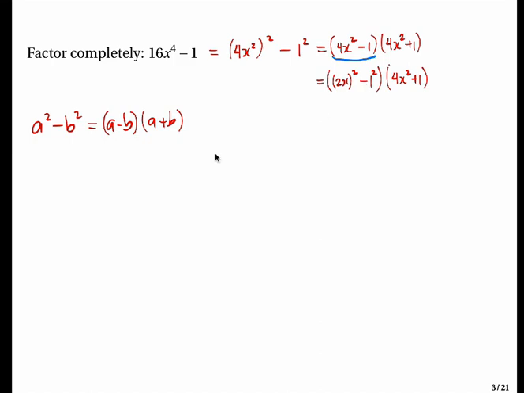Using this identity again, this can now be factored into 2x minus 1 times 2x plus 1. And then we copy the 4x squared plus 1. And so, the complete factored form of 16x to the 4 minus 1 is 2x minus 1, 2x plus 1, 4x squared plus 1.